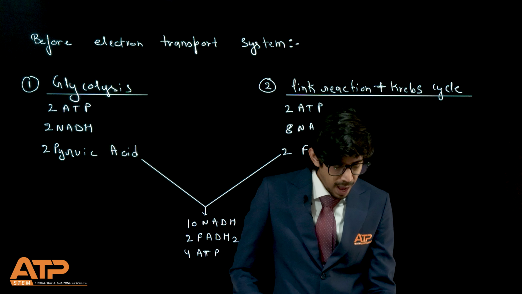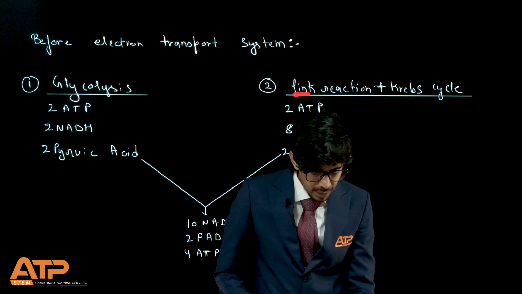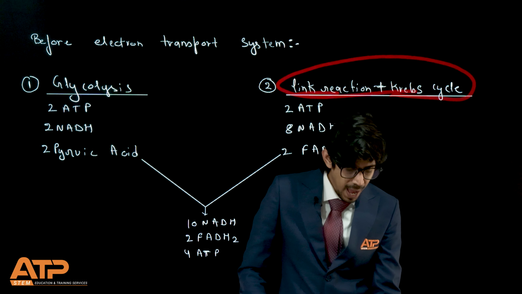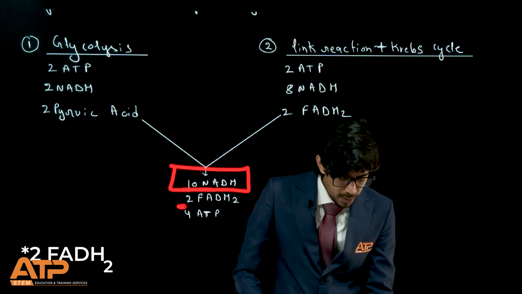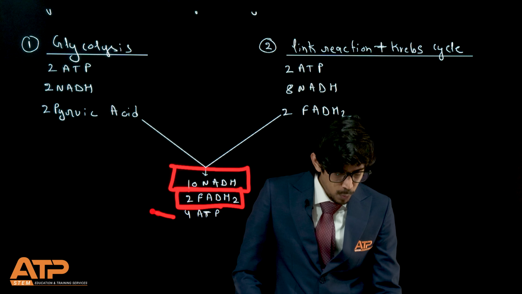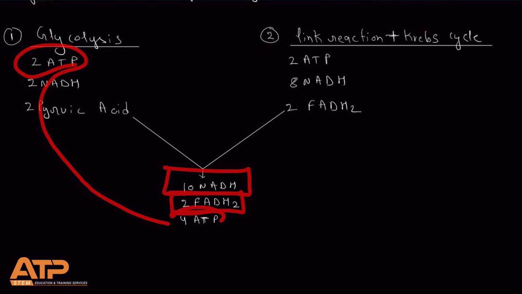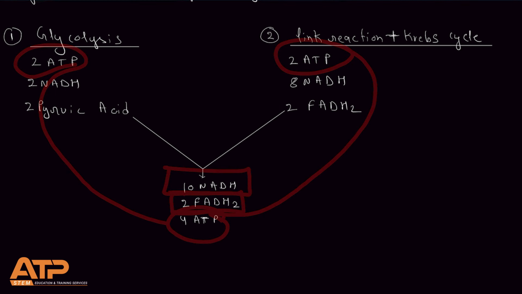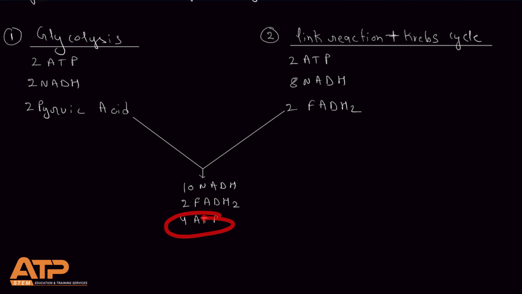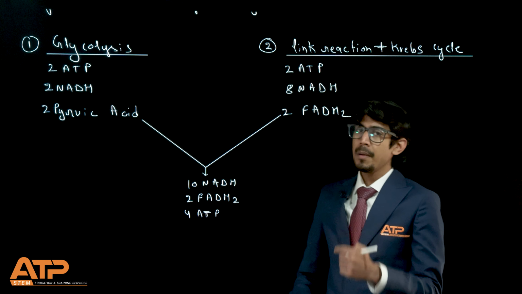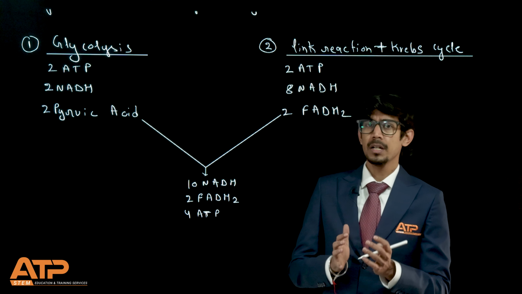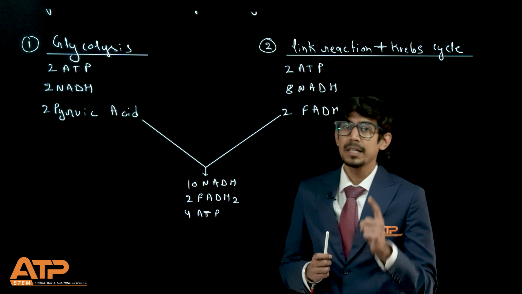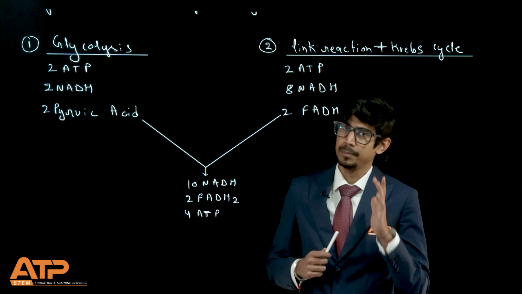So altogether, after glycolysis and link reaction plus Krebs cycle, we have a net gain of 10 NADH, 4 FADH2 and 2 ATP from glycolysis and 2 ATP from the link reaction and Krebs cycle. So altogether 4 ATP. Now if you remember, I told you that the majority of the ATP production in aerobic respiration takes place in the electron transport system, right?